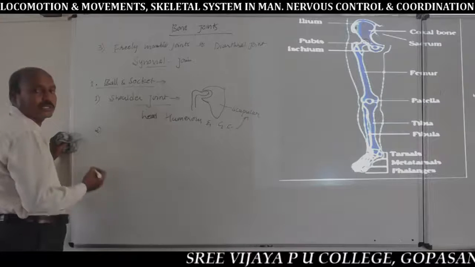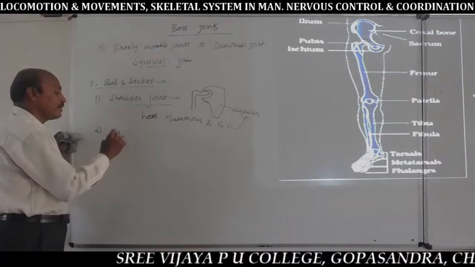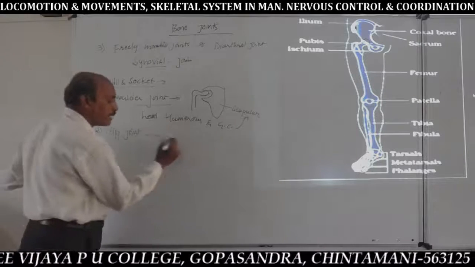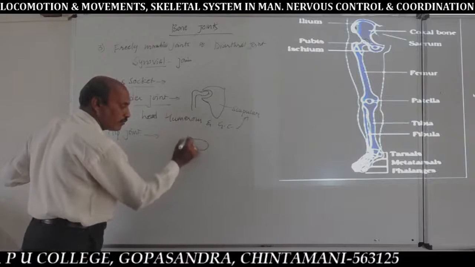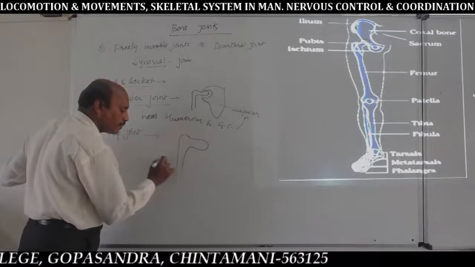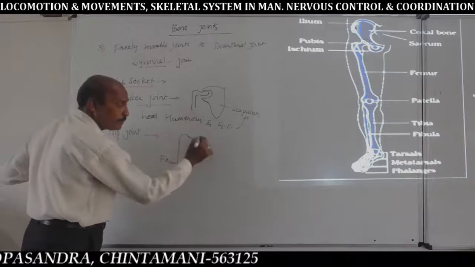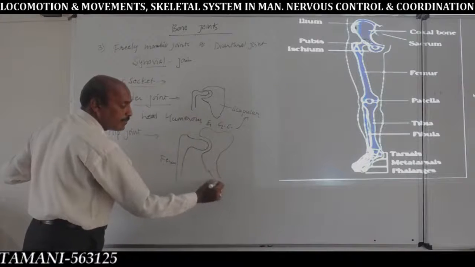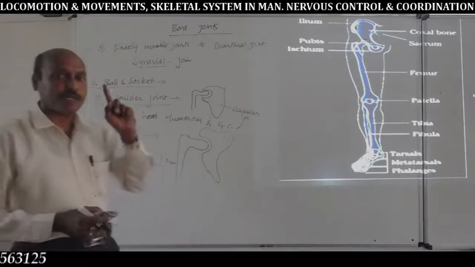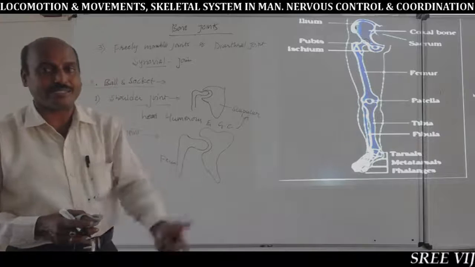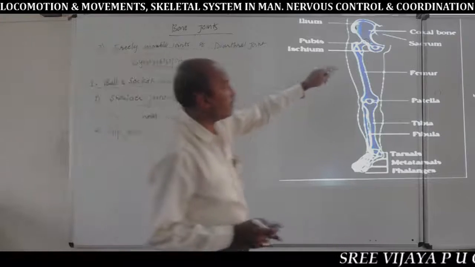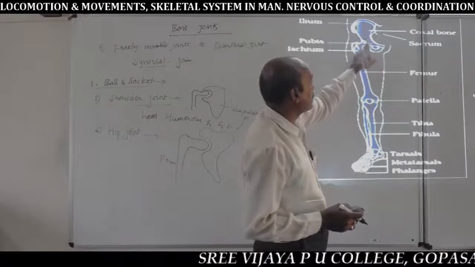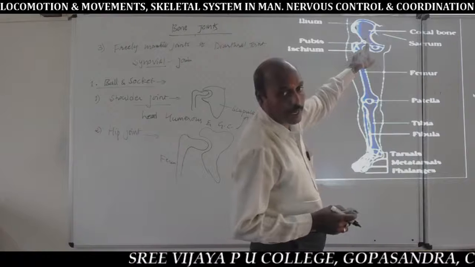And the second example is the hip joint. It is formed by the head of the femur bone and the acetabular cavity of the coxal bone in the pelvic region, in the pelvic girdle. See, this is the coxal bone of the pelvic girdle, and this is the area of the acetabular cavity.